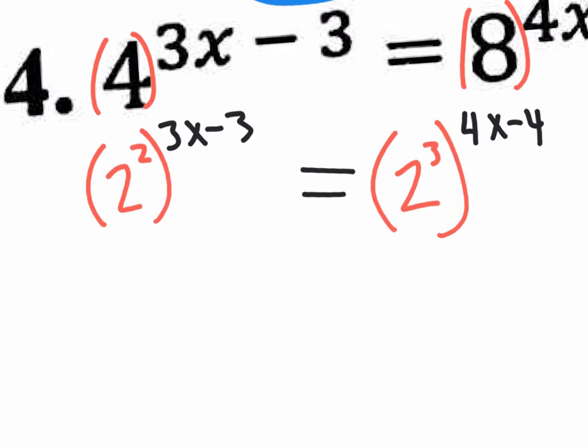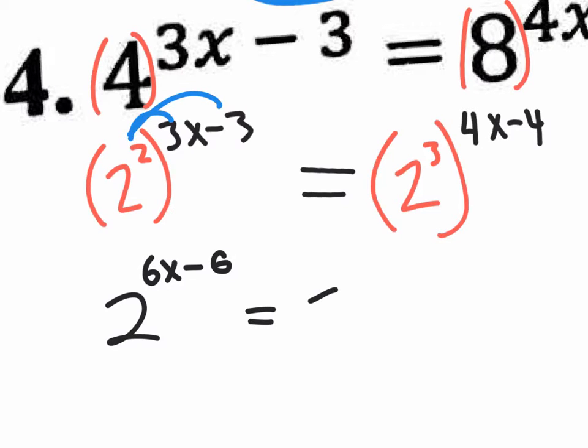If you do happen to have a power to the power which is a binomial, when you multiply 2 times this binomial, you're going to have to distribute that 2. So that's really going to be 2 times 3x and 2 times negative 3. So you're really going to have the base 2 to the 6x minus 6. And the other one is going to be base 2 to the 12x minus 12.